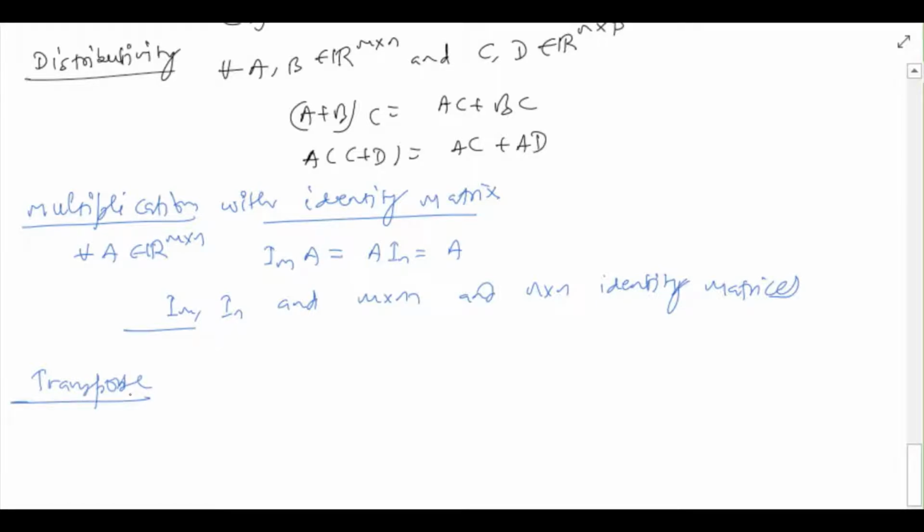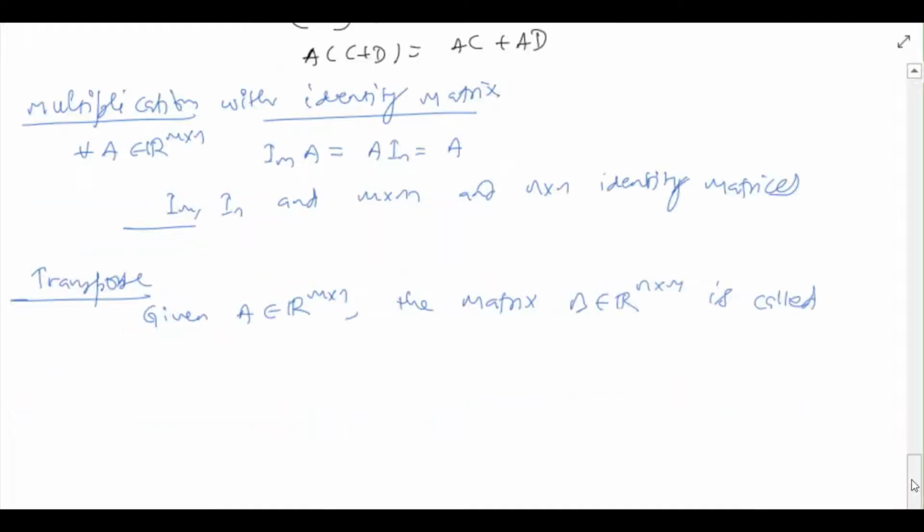Given a matrix A, which is an m cross n matrix, the matrix B, which is an n cross m matrix, is called the transpose of A if Bij is equal to Aji for all i, j.